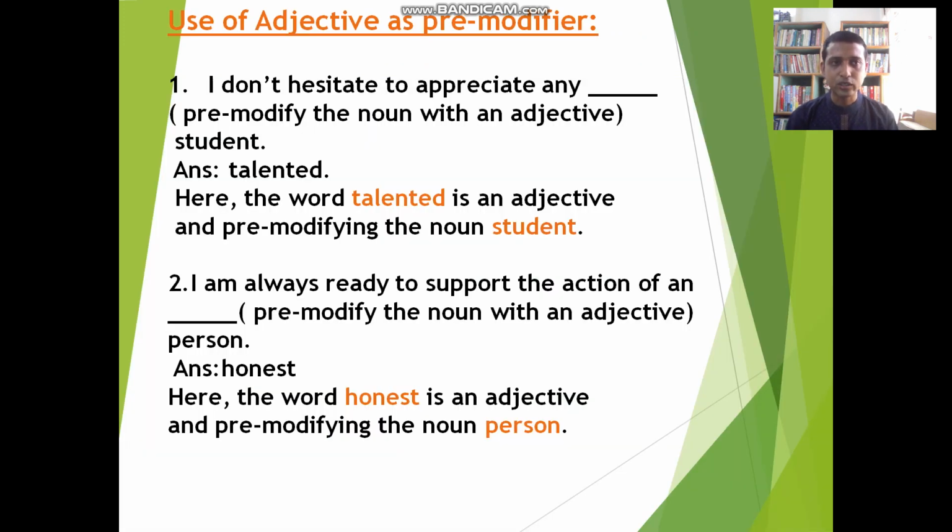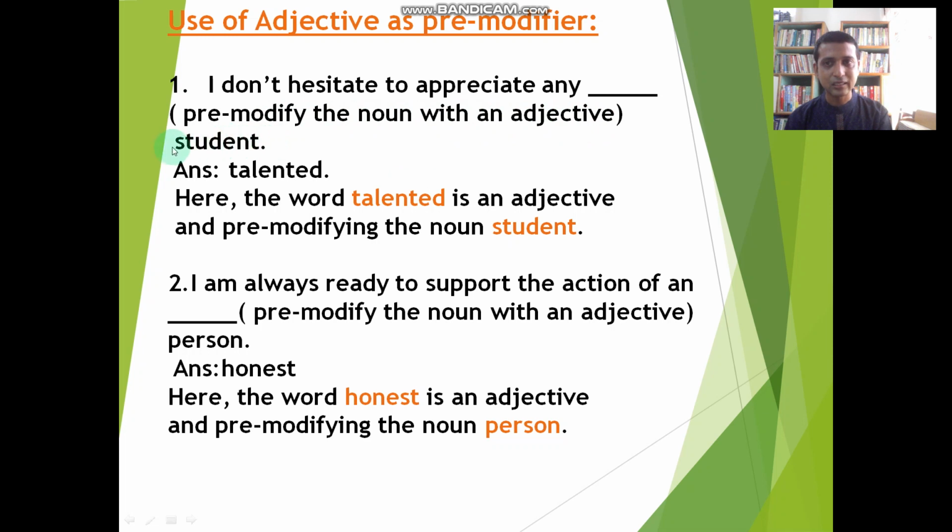Now, we would like to concentrate on the uses of adjective as a pre-modifier. Okay, let's take a look at the first example. I don't hesitate to appreciate any dash student. Within bracket, you are getting a clue: pre-modify the noun with an adjective.